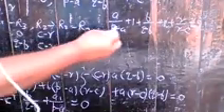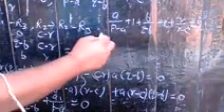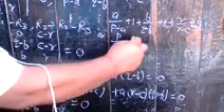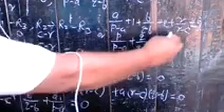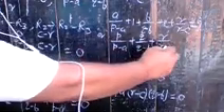Understand? Now if you take the LCM and simplify, you have P upon P minus A plus Q upon Q minus B plus R upon R minus C is equal to 2. So its value is 2.